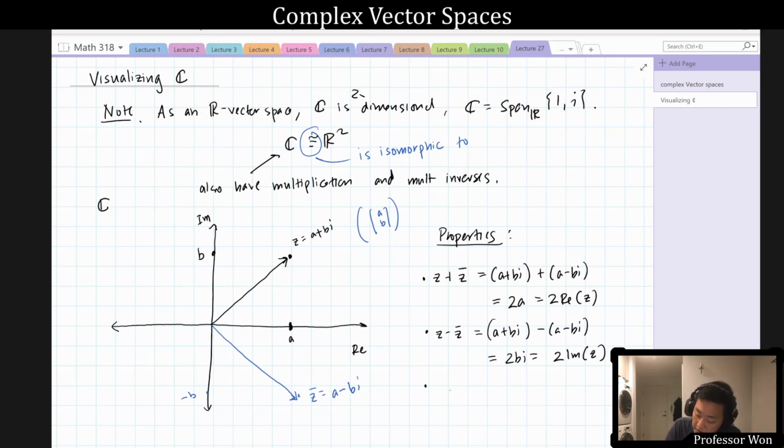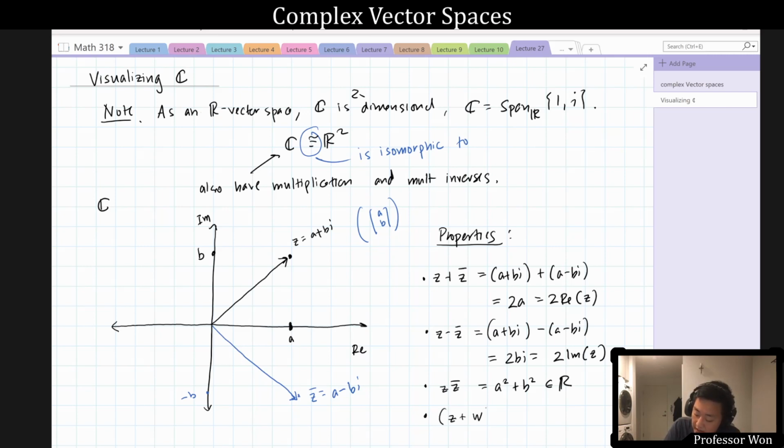This is hopefully well known to you, even from calculus, that if you multiply a complex number by its conjugate, the nice thing is that you get a real number. So that's a nice way to produce real numbers from complex ones. And then conjugation satisfies some nice properties.